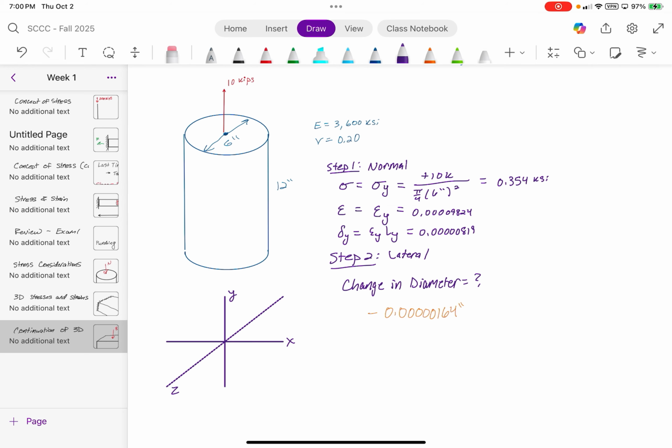That's 0.354 divided by 3600, which gives you 9824, and then you multiply that by 12.